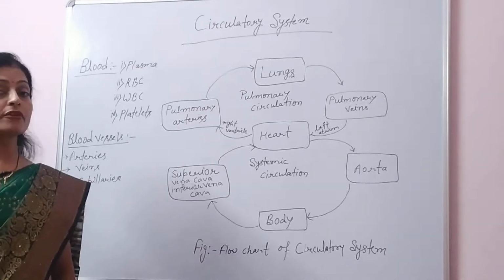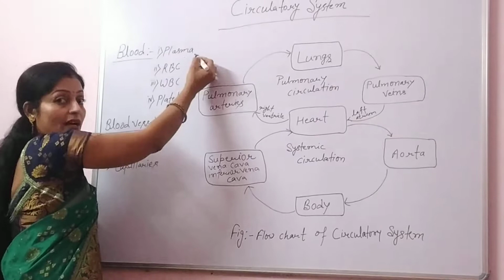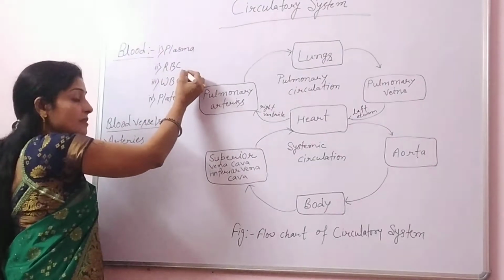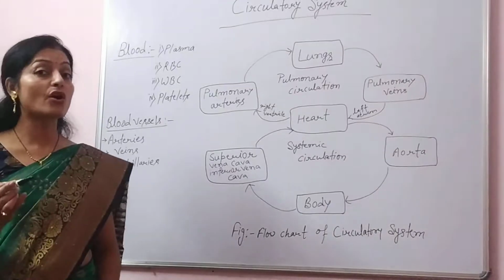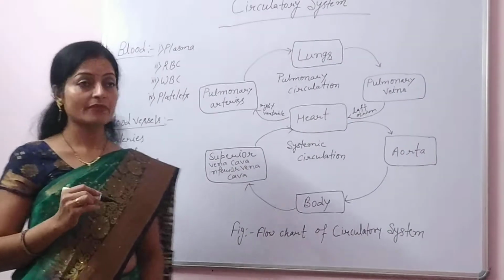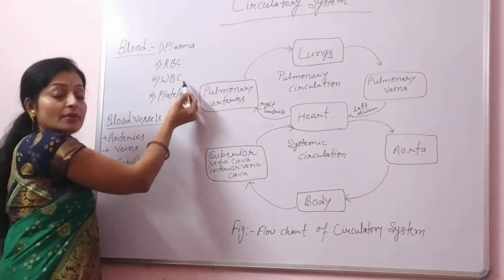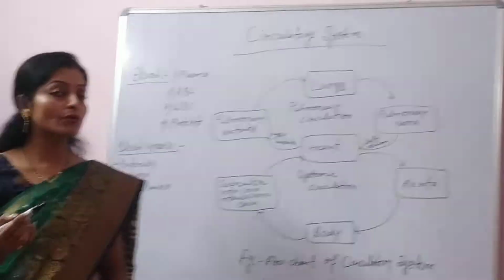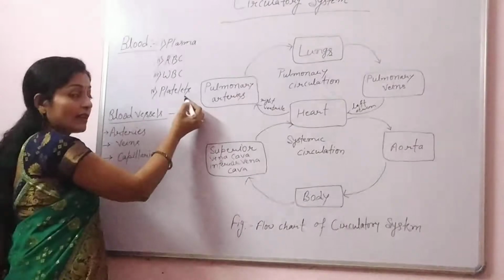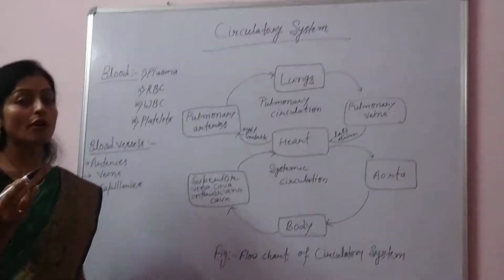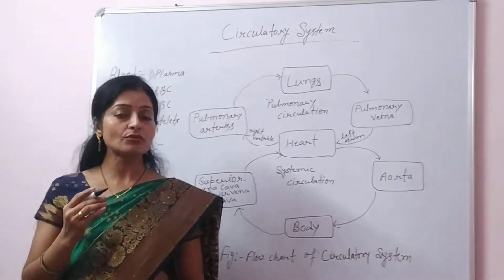The different components of blood are as follows: plasma; red blood corpuscles or red blood cells or RBC, also called erythrocytes; white blood cells or white blood corpuscles, also known as leukocytes; and the next one is platelets, which are also called thrombocytes. Now we will discuss all these components one by one.